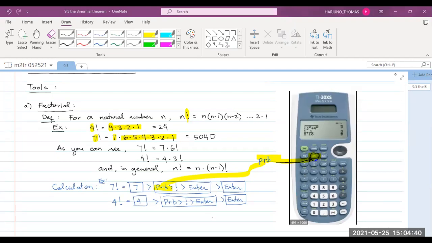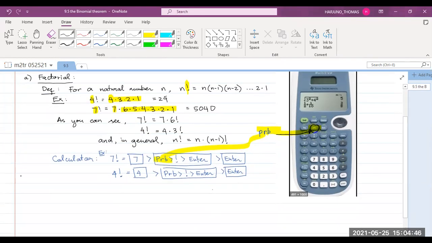Now, let me go on. The second tool to know is combination.